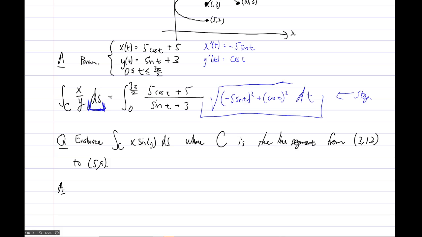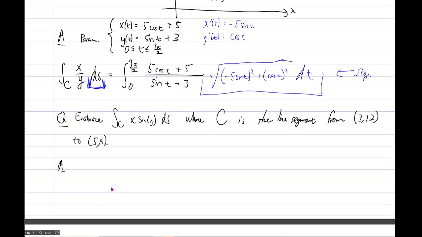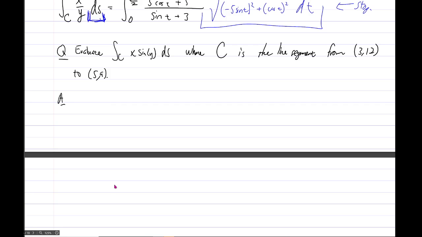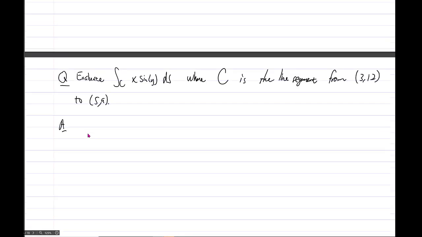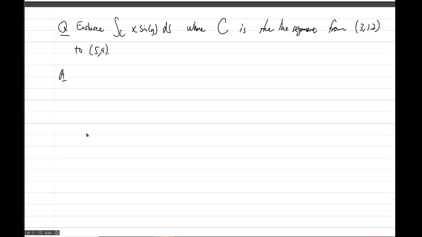So you may be noticing that parameterization is a big deal. We cannot ignore it at all. Let's just take this question and move it to the top of the next page. So we'll need a parameterization: x of t, y of t, and then t bounds.